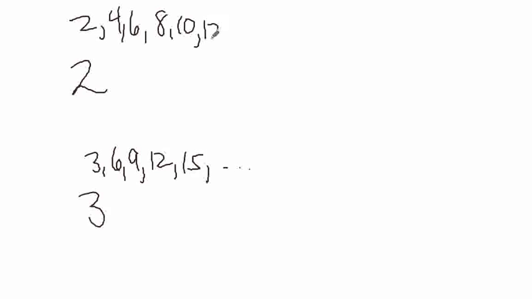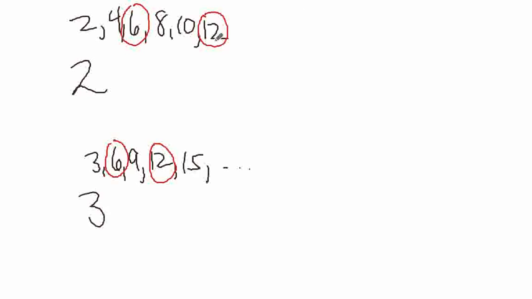Notice that there are multiples that appear in both lists. Okay. 6 appears in both lists. 12 appears in both lists. And if we extended the list of multiples, we would see more and more numbers that appear in both lists, such as 18.